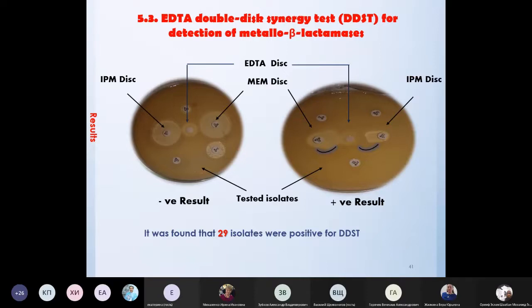Positive isolates that produce metallo-beta-lactamases show, in the right image, a hatch towards the EDTA because EDTA makes complexation with the zinc metal that is present in the metallo-beta-lactamases, whereas negative isolates, as shown in the left, had no hatches.